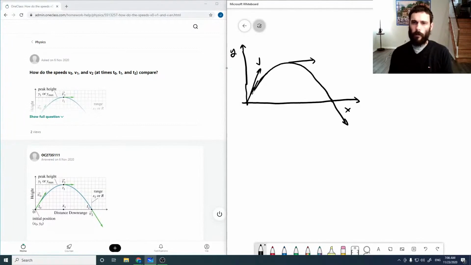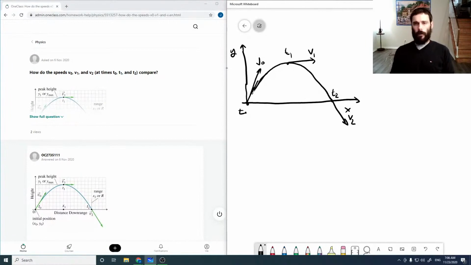There we go. So V0, V1, and V2, T2, T1, and T0. This one should be slightly more flat than it is, but we can just pretend.